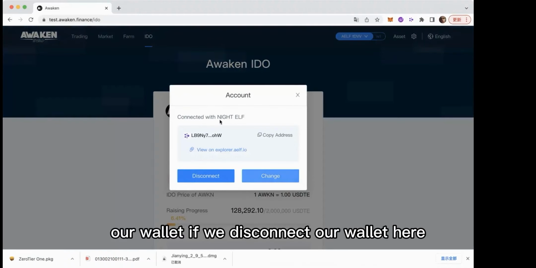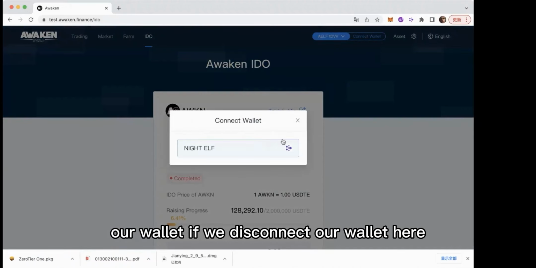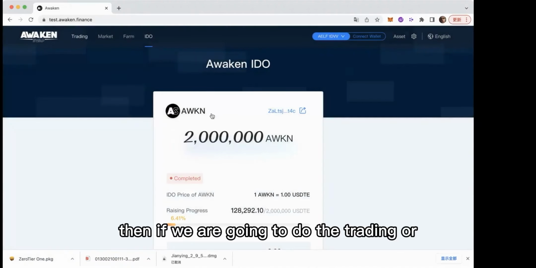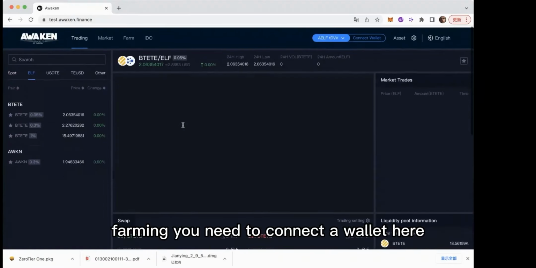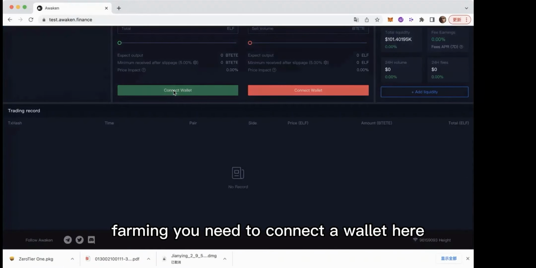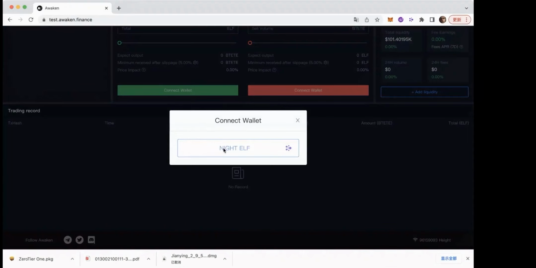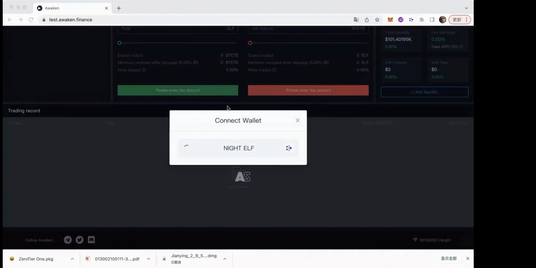It's our wallet. If we disconnect our wallet here, then if we are going to do the trading or farming, you need to connect a wallet here. We jump to NightELF, and we can just log in.